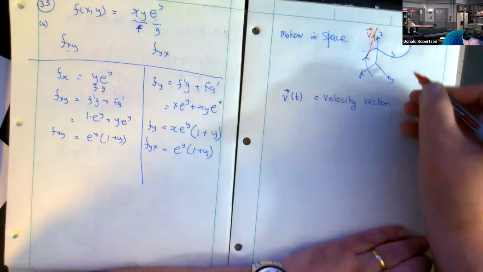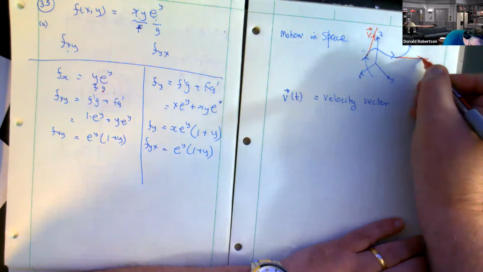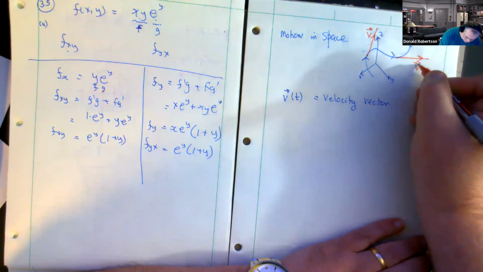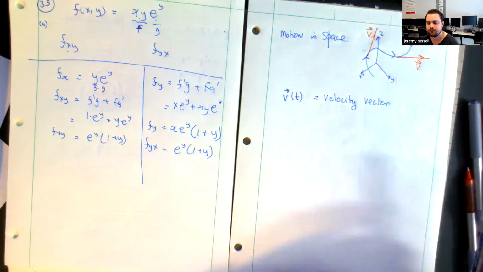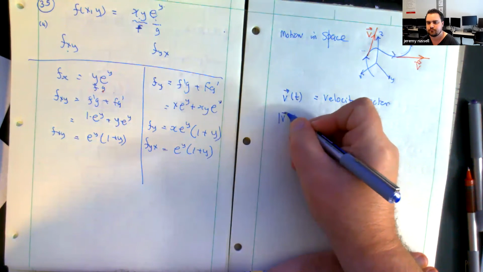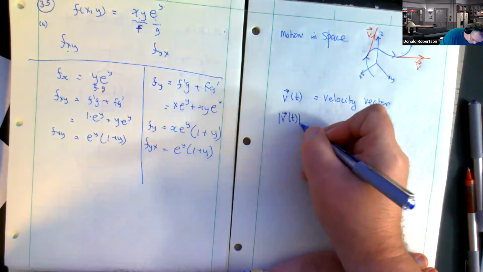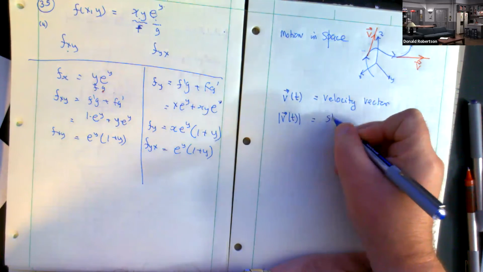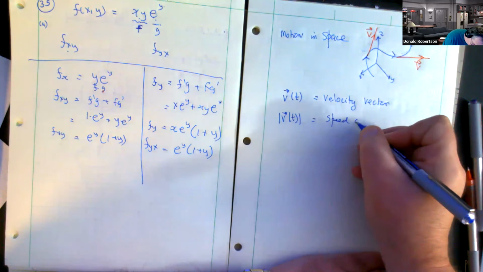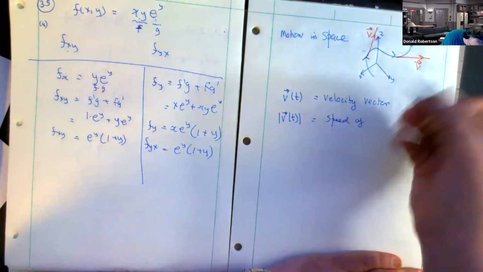Whereas if I chose here, the velocity vector would be that. As you travel in 3D space, at any given point, where you are pointing is essentially your velocity vector. And the length of that vector, we call the length of vectors magnitude. That is a scalar, which means it's a number, and that tells us the speed of the object.